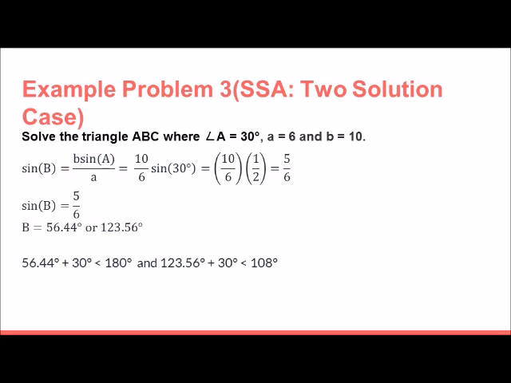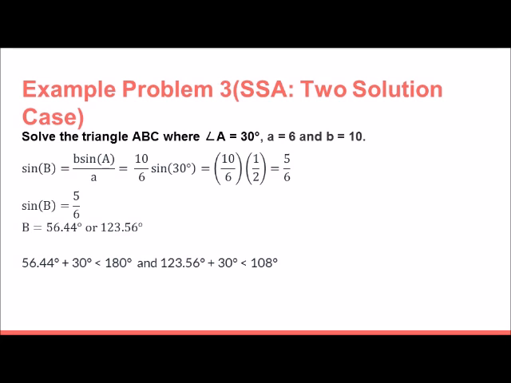Say we're given a problem that looks like this. Solve the triangle ABC where angle A equals 30 degrees, side a equals 6, and side b equals 10. In this problem, we will hold off on the sketch because the SSA ambiguous case could give us problems in sketching our triangle.